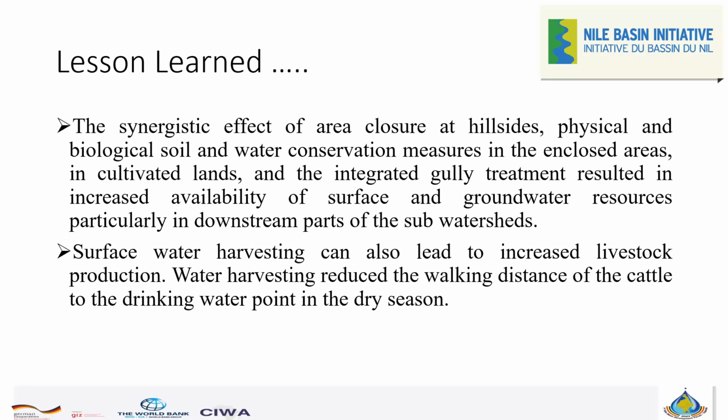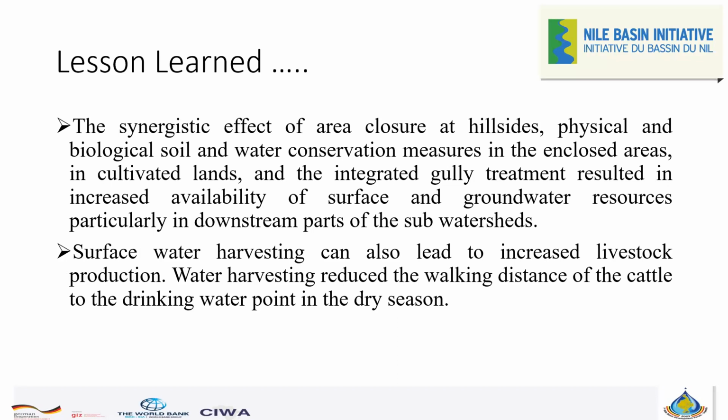The synergetic effect of area closure at hillside, physical and biological soil and water conservation measures in the cultivated lands and the integrated gully treatment resulted in increased availability of surface and groundwater resources, particularly for the downstream parts of the watershed.